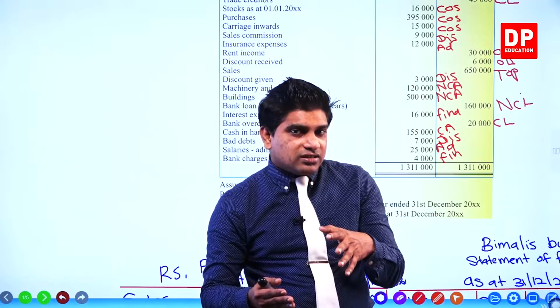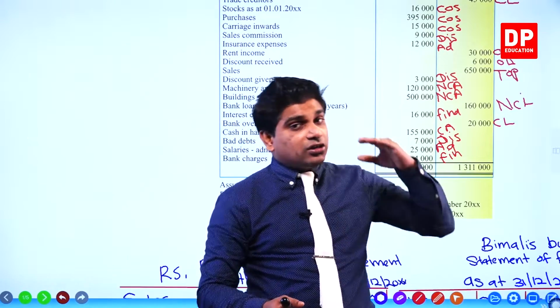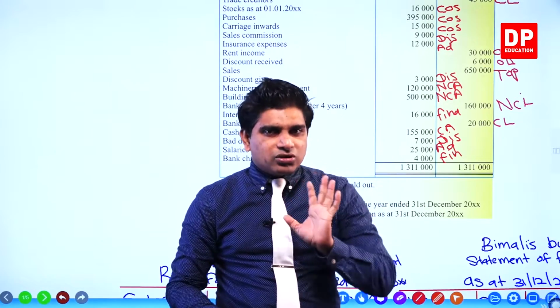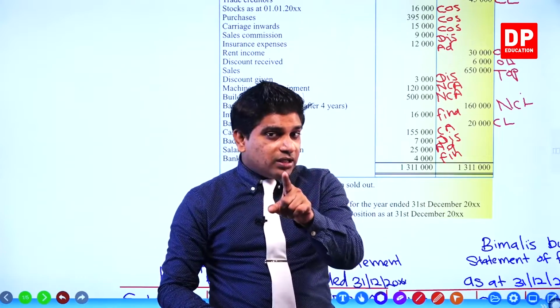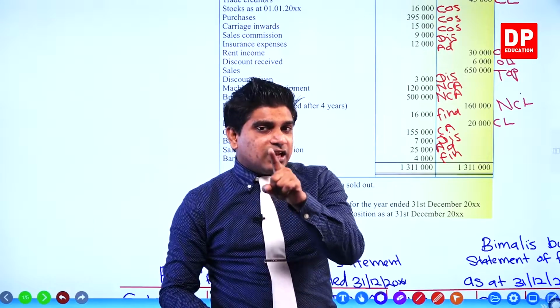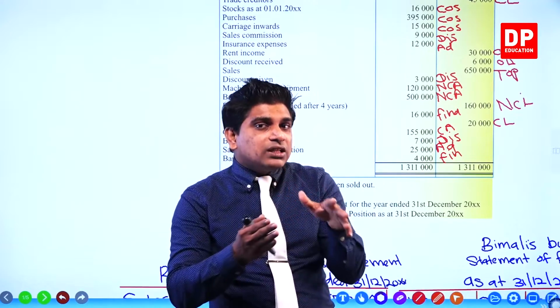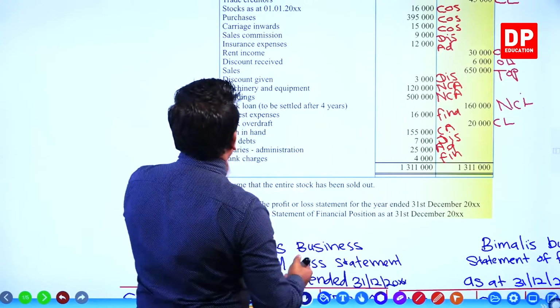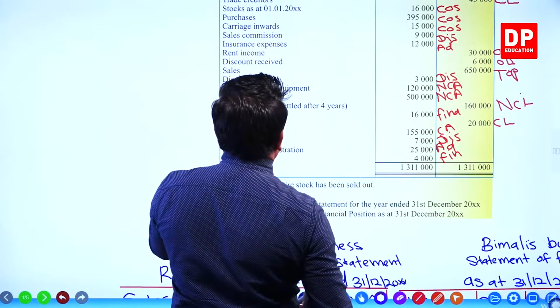At the beginning, on the top, we write land, after that building, then machinery and computer. We record non-current assets using the theory of liquidity, so building you write first, machinery then.